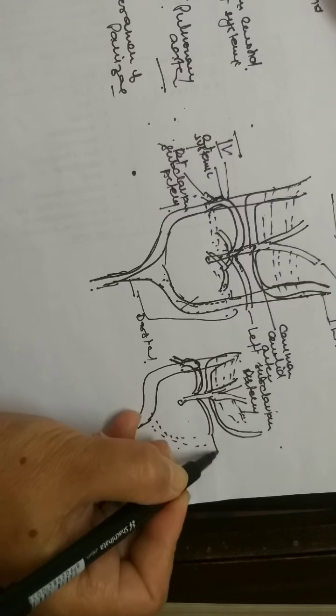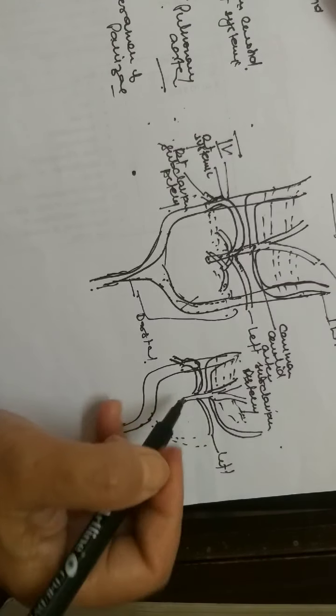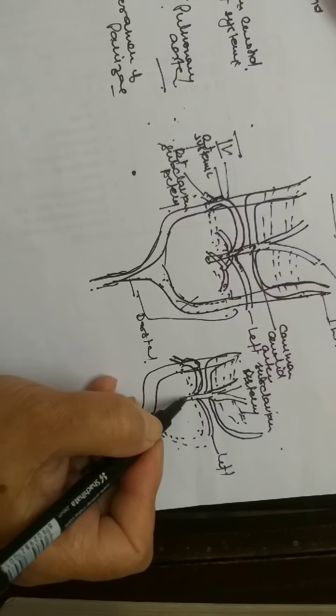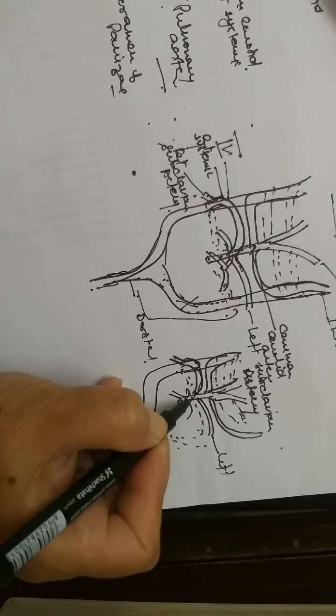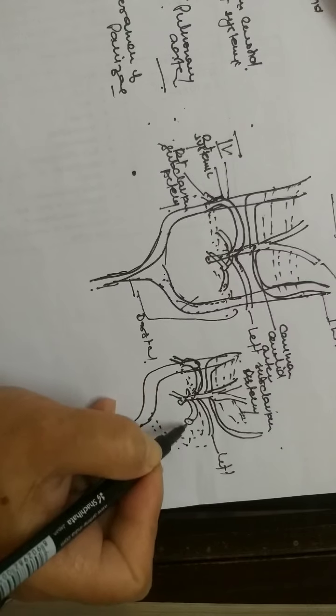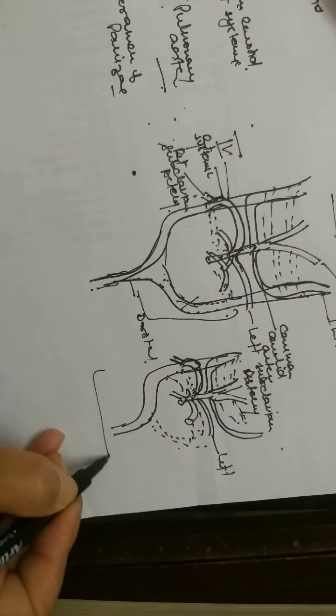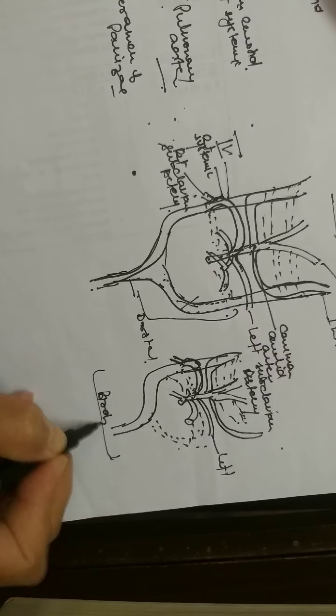On this side is the left subclavian. This one, fifth one, is lost, and sixth one, it changes into the pulmonary arteries. This connection, all these connections are lost. So that is the diagram for the birds.